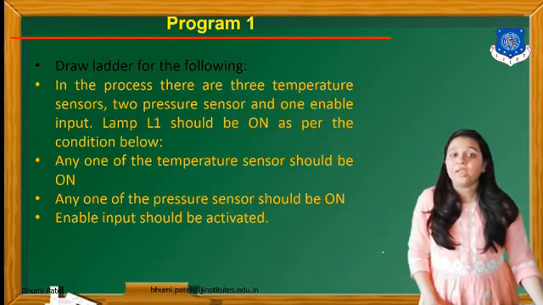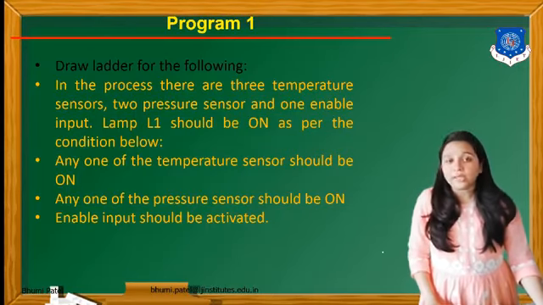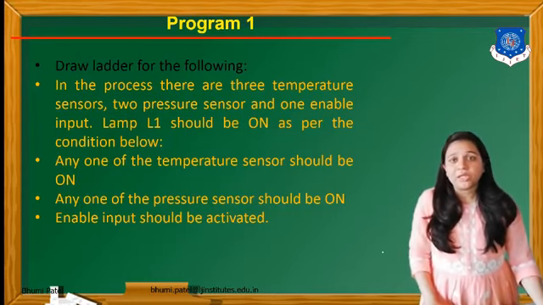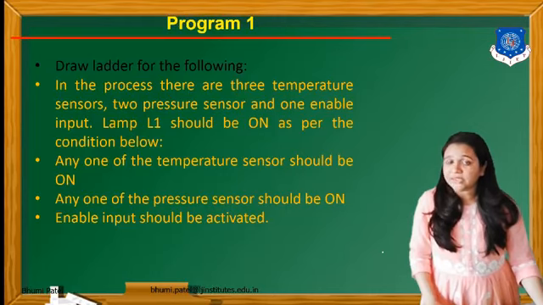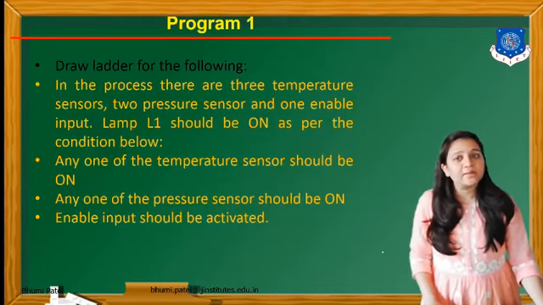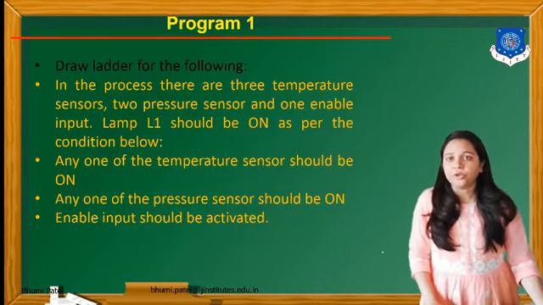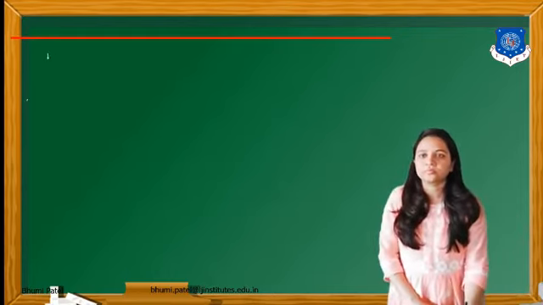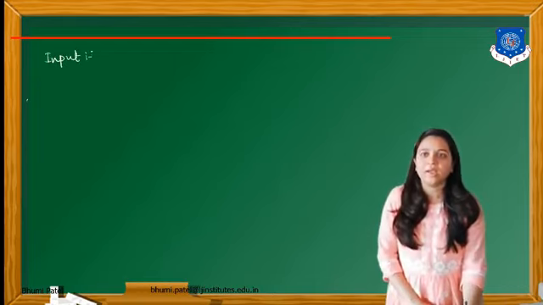First of all, we have to define how many inputs and outputs there are for this particular example. Here you can see they have given 3 temperature sensors, 2 pressure sensors and 1 enable input. So our inputs are the 3 temperature sensors T1, T2 and T3.